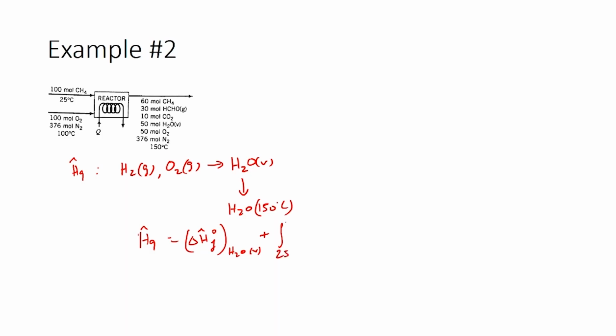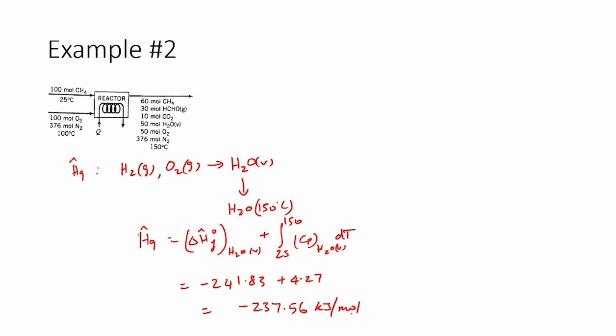So, you would have 25 to 150 Cp of water vapor dt. Now H9 cap would be equal to minus 241.83 plus 4.27, which would be equal to minus 237.56 kilojoules per mole.